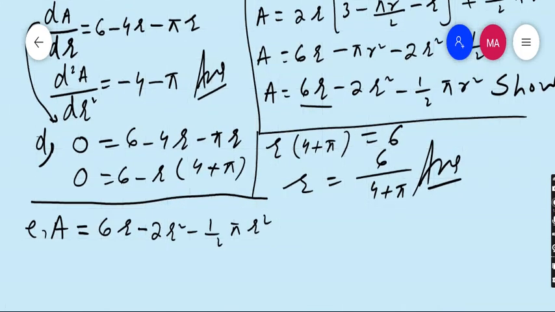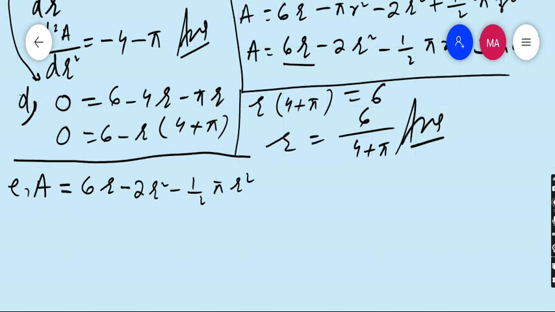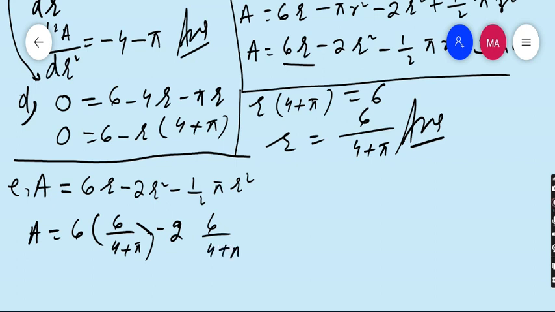Now put this value of r in the formula of a, that is 6r. R is 6 upon 4 plus pi, minus 2 into r square, that is 6 upon 4 plus pi whole square.